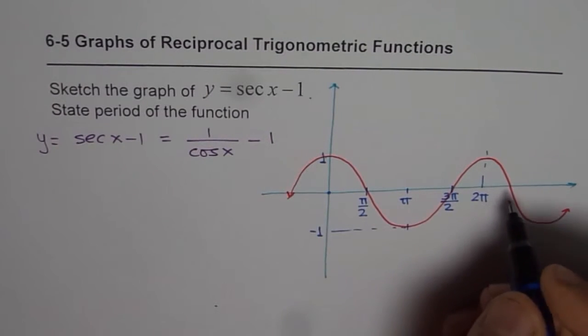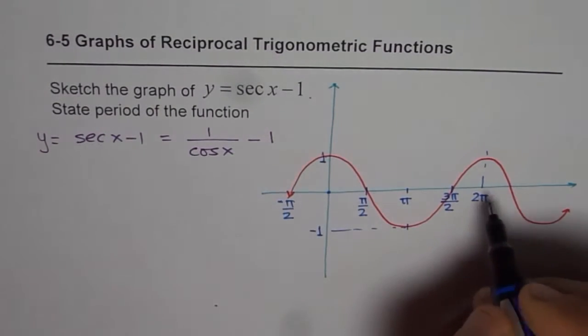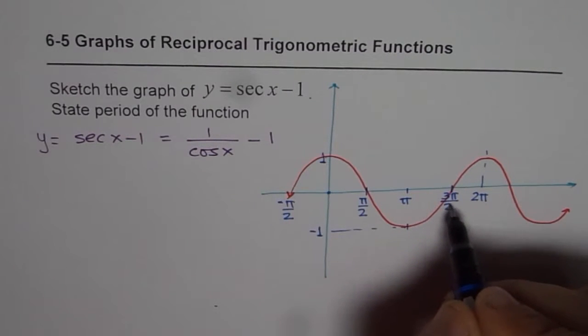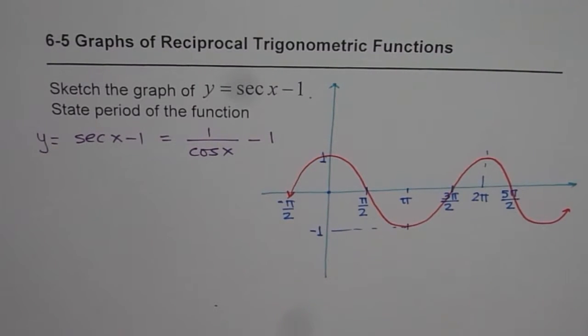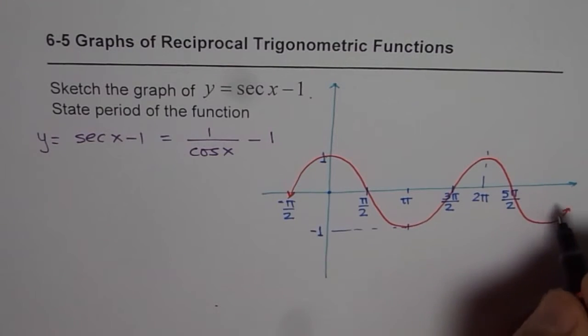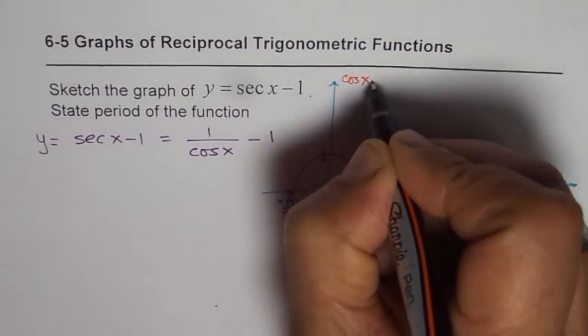So like this it continues. This is of course minus pi by 2, and 3 pi by 2 is followed by 4 pi by 2, so we could write here 5 pi by 2. That's how we can count and continue. So that is the graph for cos x, and first, in this color, we have cos x.